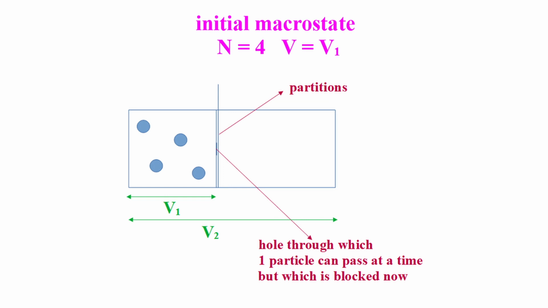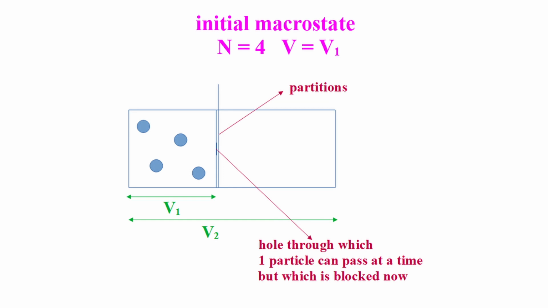The 2 compartments are separated by 2 closely spaced partitions, the left one having a hole that can allow 1 particle to pass through at a time, but blocked by the partition on the right, which can be removed when desired.